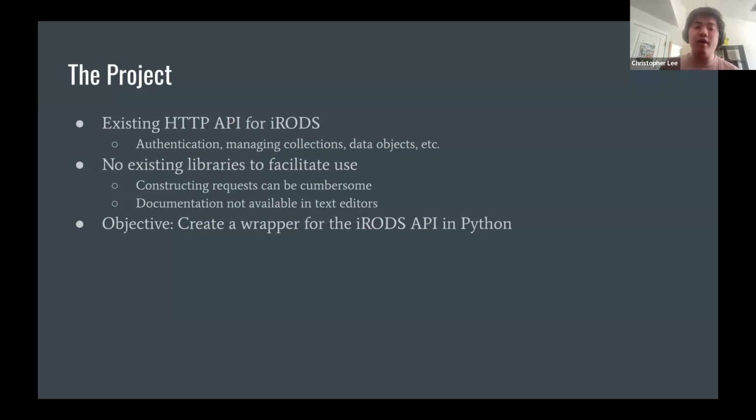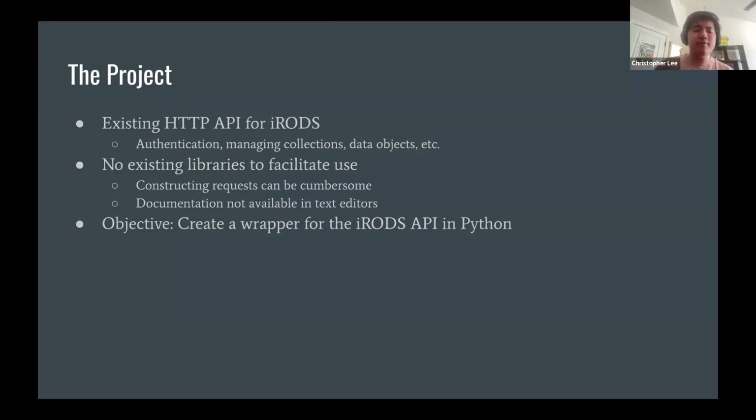However, there's a bit of a problem in that before this summer, there were no existing libraries that you could use for this. So if you wanted to use it with Python, JavaScript, or Java or whatever, you had to construct all these requests yourself. And that can be a little cumbersome at times and sometimes difficult to figure out looking at all this documentation and stuff like that.